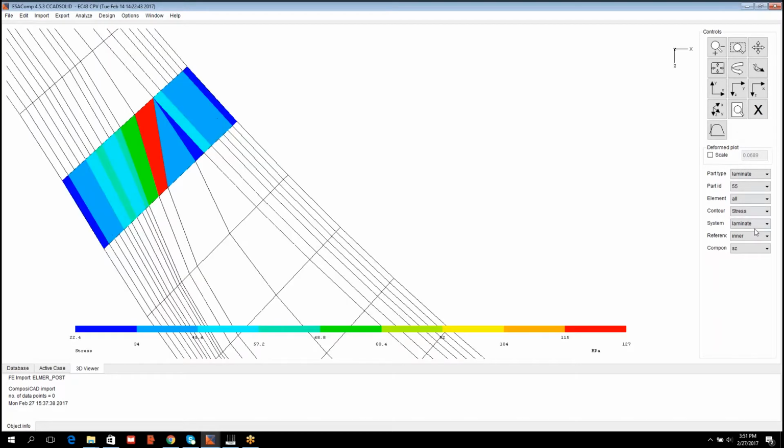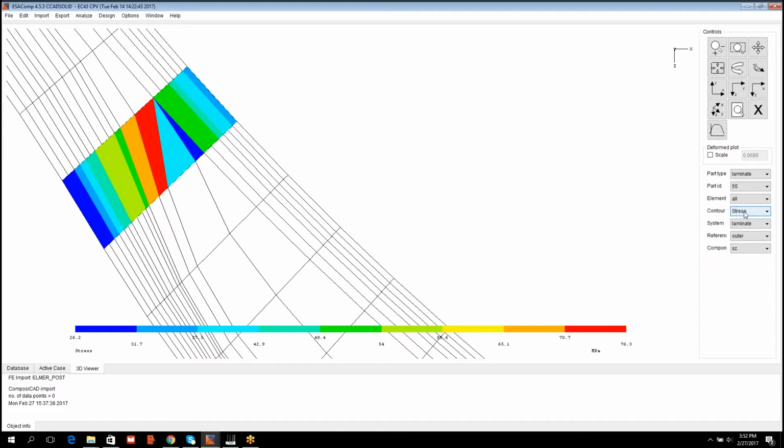And when the outer surface is the reference plane, 76.3 is the stress level. So really high gradient over this element.